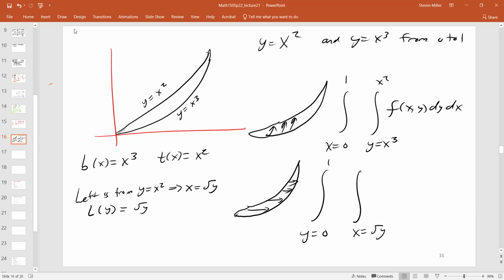Everybody comfortable with that? This is the hardest part of the problem, is figuring out what the bounds are. Now we need to find the right. And so the right is from y equals x cubed. So if I want to write x as a function of y, what would it be? So if y equals x cubed, how would you write x as a function of y?